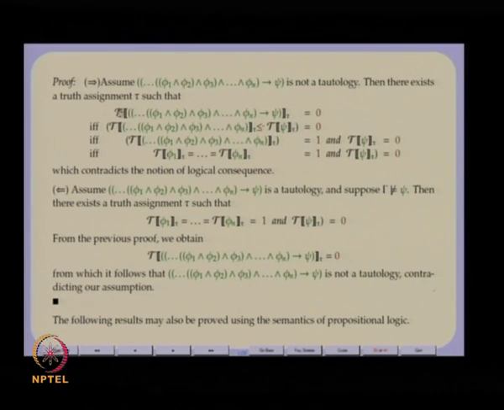So, assume that this formula is not a tautology, that means there exists a truth assignment tau such that I take this entire formula and that gets the value 0 in the Boolean algebra, and this is possible by essentially properties of the Boolean algebra and from the semantics of the meaning function t of tau, that this is possible only if this holds.